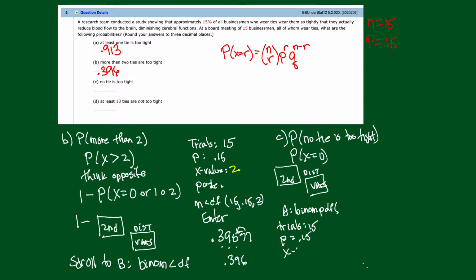But our X value now is 0. You paste, press enter, and I got 0.08735 and so on. Round to 3 places, 1, 2, 3, that's a 3, so I'm just going to cut that off, 0.087. So up here at the top, I'll claim this is 0.087.